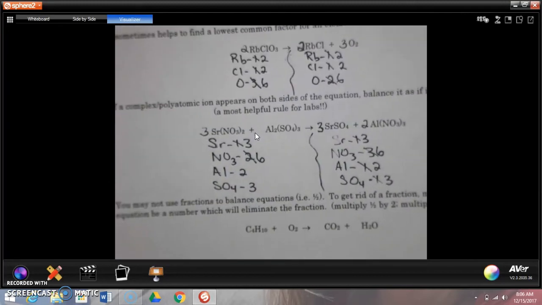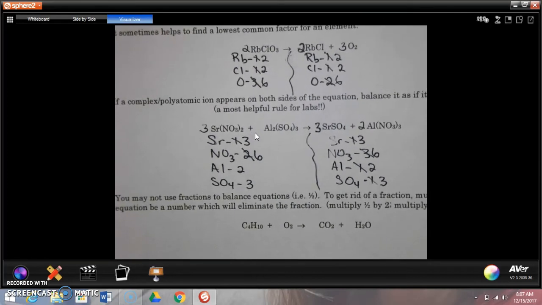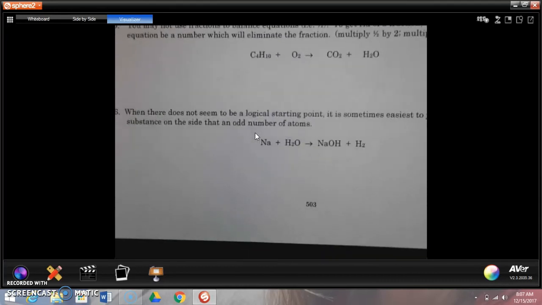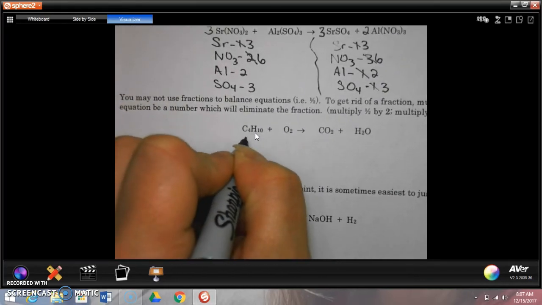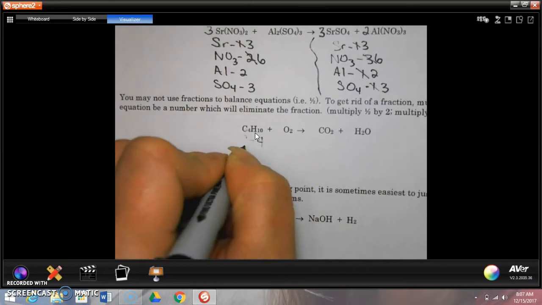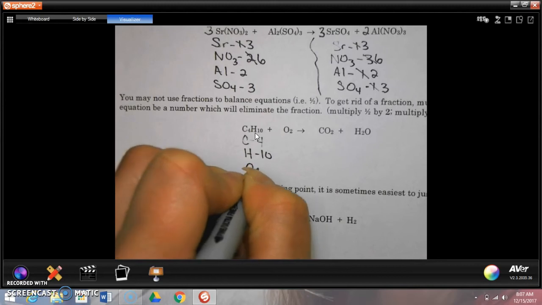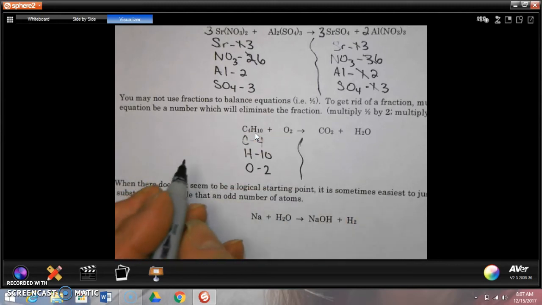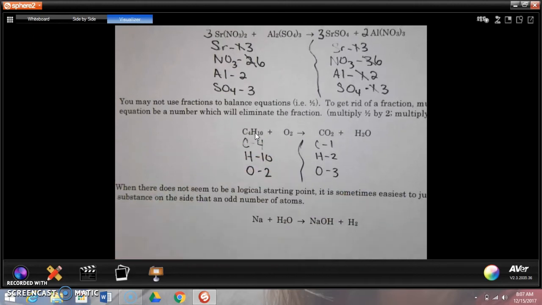We've got 4 carbons, 10 hydrogens, and 2 oxygens on the reactant side. We have only 1 carbon, only 2 hydrogens, and 3 oxygens on the product side.